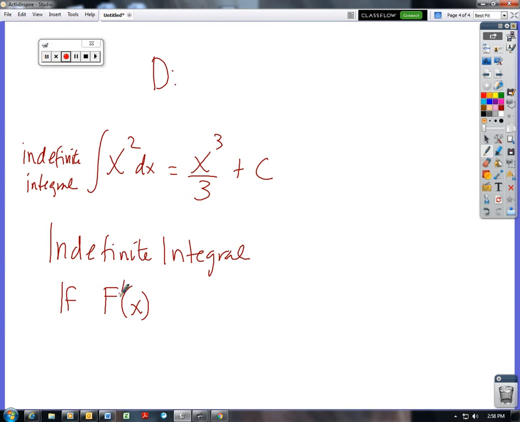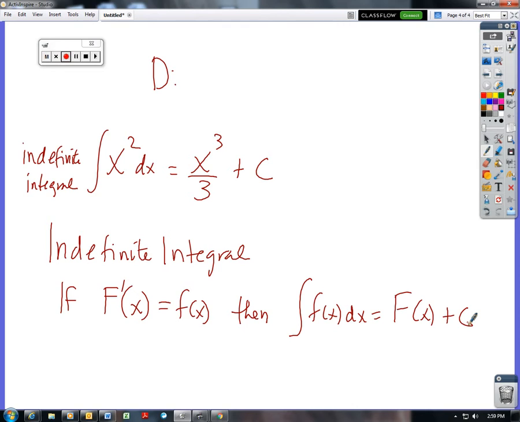If F prime of x, the derivative of big F of x, is little f of x, in other words, the derivative of the antiderivative just gives you f of x, then the integral of f of x dx is the antiderivative F of x plus c. So that's a definition for indefinite integral.